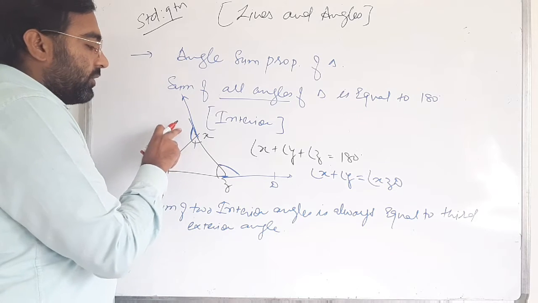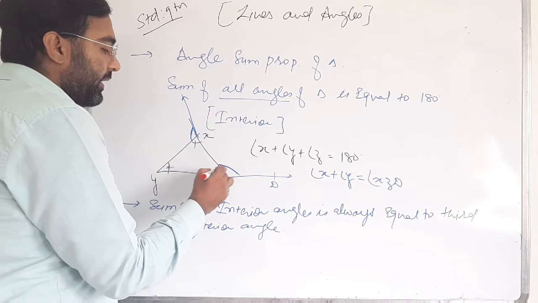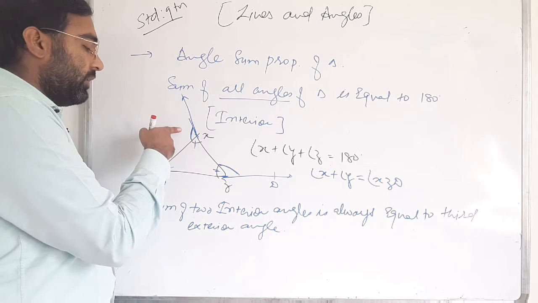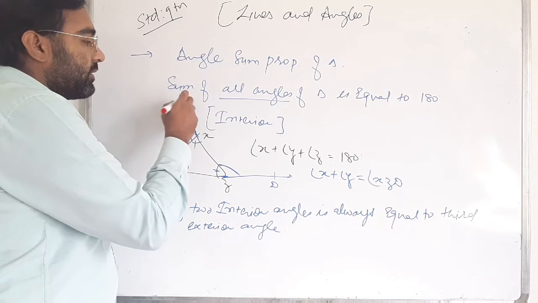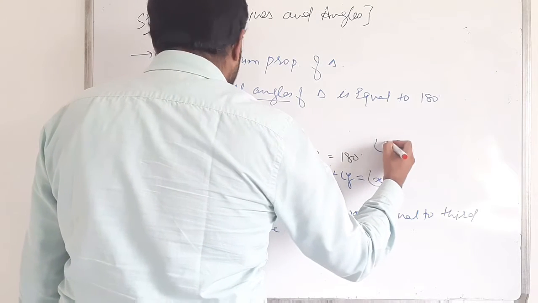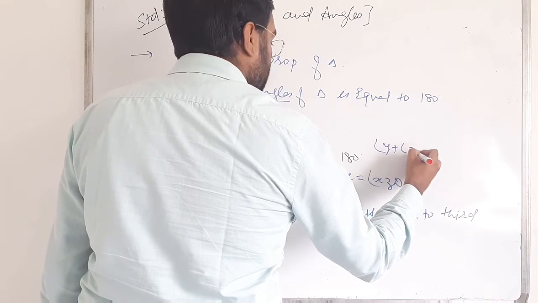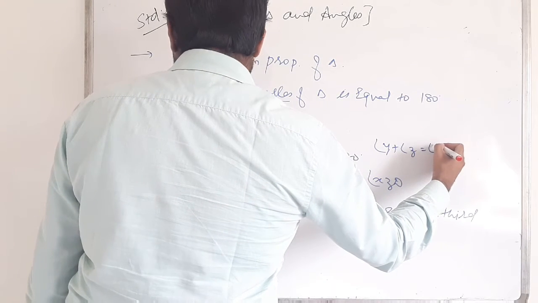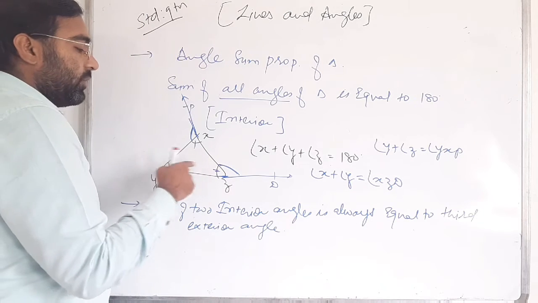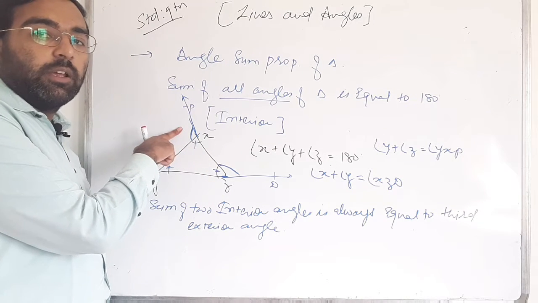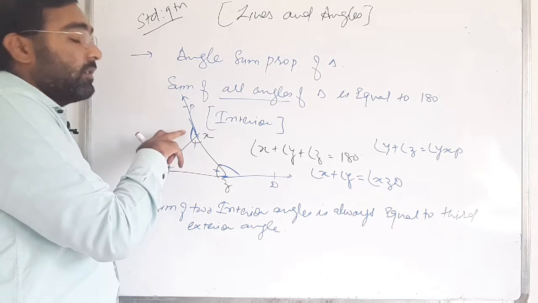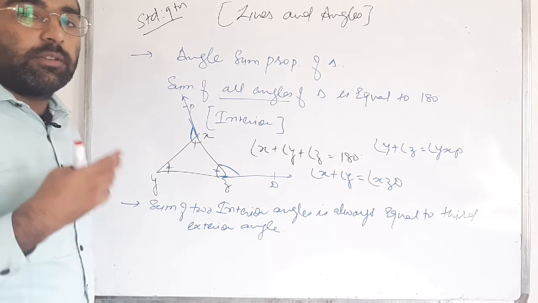For this exterior angle, the remaining two angles, angle Y and angle Z, have a sum equal to this exterior angle YXP. I'll write P. So angle Y plus angle Z is equal to angle YXP. That is, the sum of two interior angles is always equal to the third exterior angle.